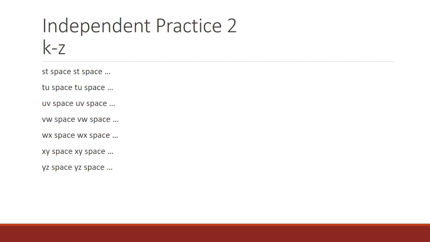Here is independent practice 2 for the letters K through Z. Braille the following: ST space, ST space, TU space, TU space, UV space, UV space, VW space, VW space, WX space, WX space, XY space, XY space, and YZ space, YZ space.